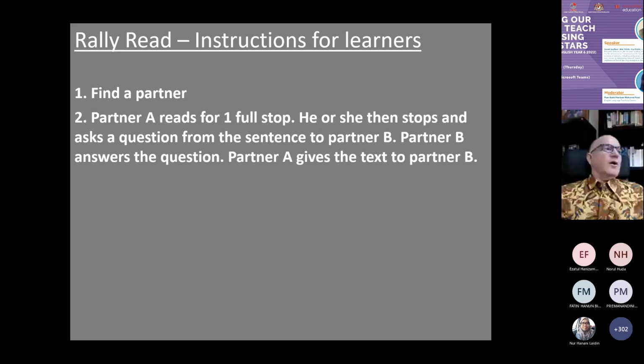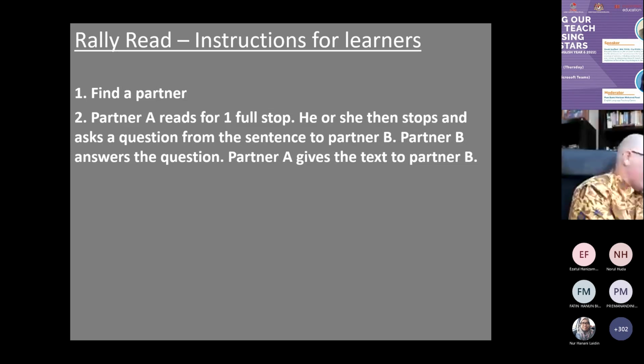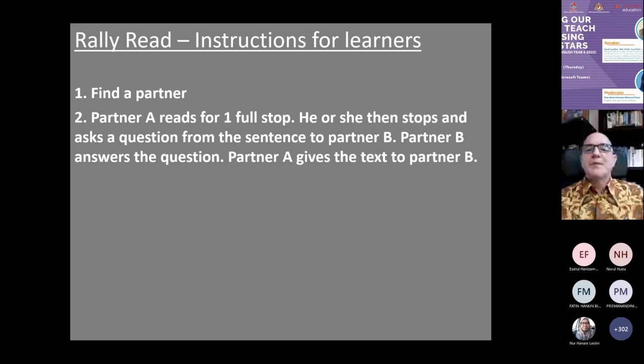Partner A will read, okay? They have the text in their textbook. And they will read to partner B, but they will only read 1 sentence, okay? 1 full stop, and then they stop and they ask a question about that sentence.